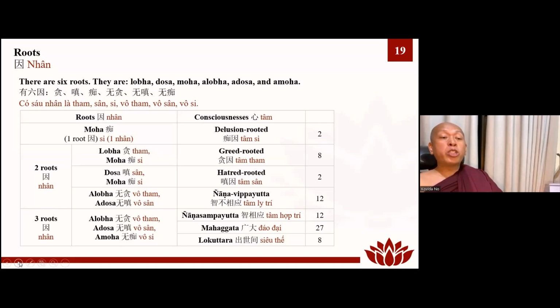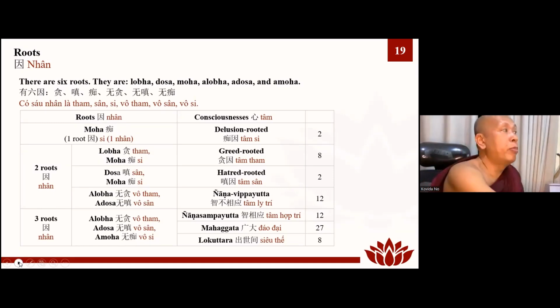For jhana, it's definitely 3-rooted. For past and future knowledge, it's definitely 3-rooted. Okay, so these are about roots. Another one is that we also mentioned here about the dhammarammana, right, objects. Okay, the next one.